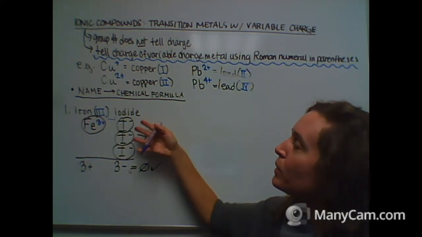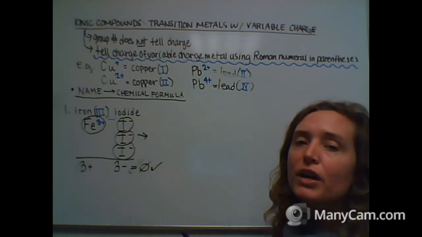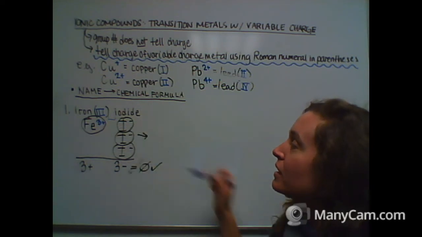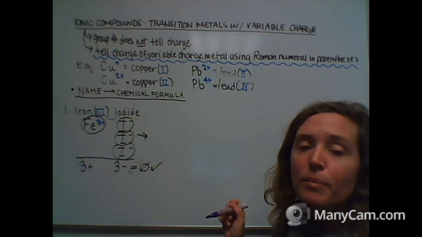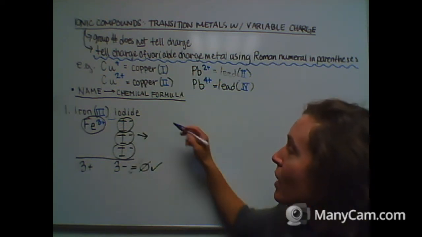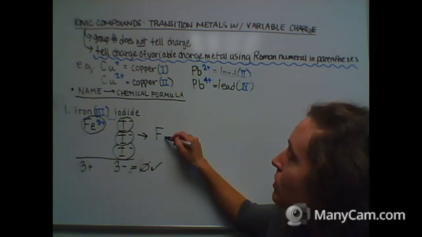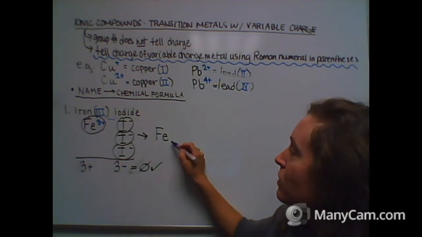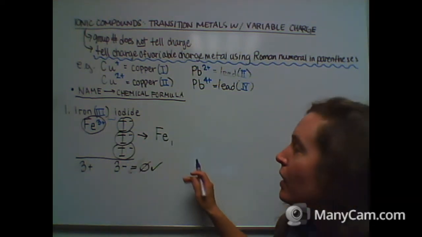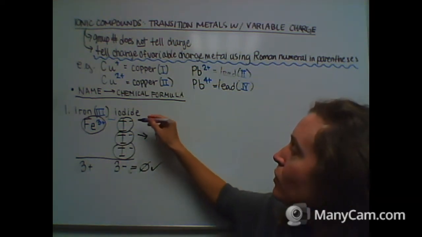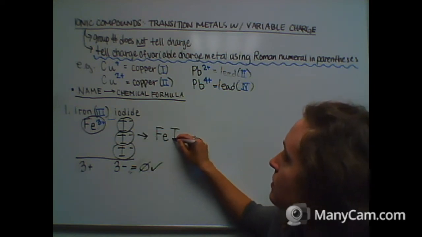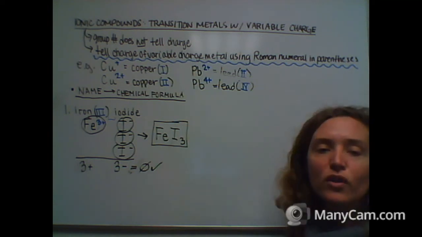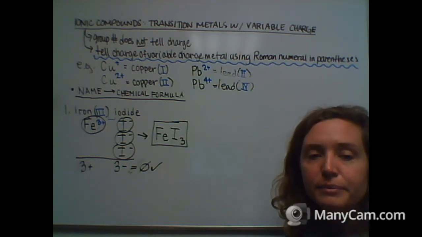This is the way that we are, by the way, from Johnstone's triangle last time, showing the symbolic representation of the compound when we write it out. So there is 1 iron 3, right? We just don't write the 1 there. It's implied. For every 1, 2, 3 iodides. So this is the chemical formula for iron 3 iodide.